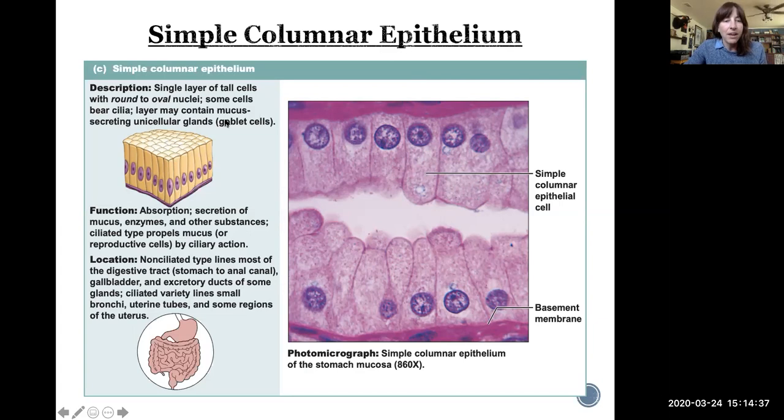And then you may also be looking for other cell types to confirm that this is columnar. For example, goblet cells are a specific type of unicellular gland that is often found in certain simple columnar epithelium. And we will see examples of that in a minute.